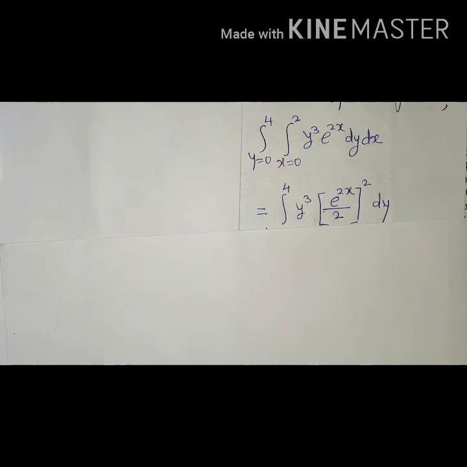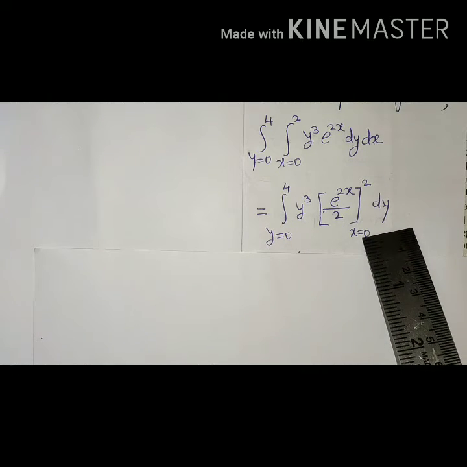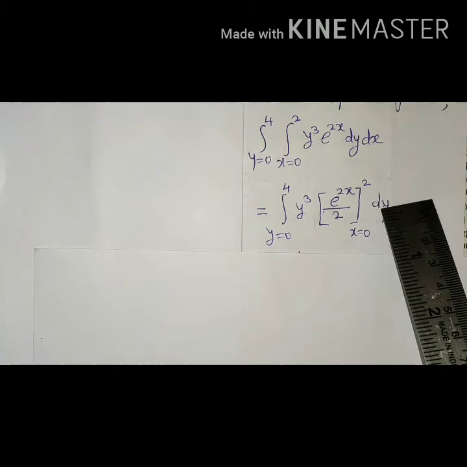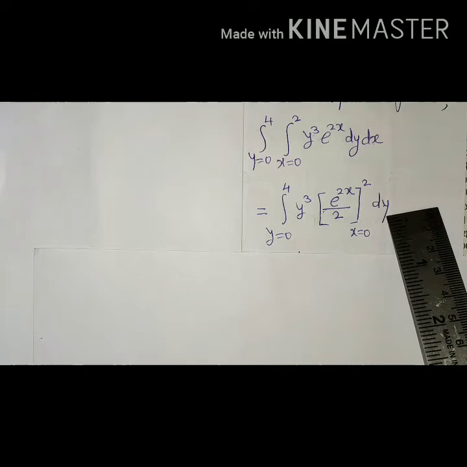Now this is equal to, let us first integrate with respect to x. So what has happened? Outer integral as it is, y cube is constant, so we have kept it as it is. Integration of e raised to 2x is e raised to 2x upon 2. And the limits of x are from x equal to 0 to x equal to 2 and outer dy as it is.